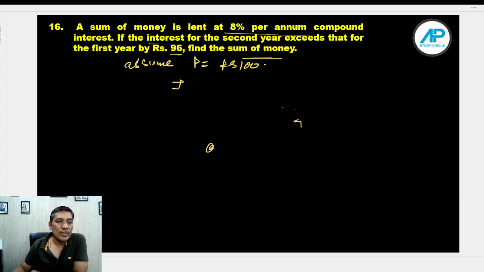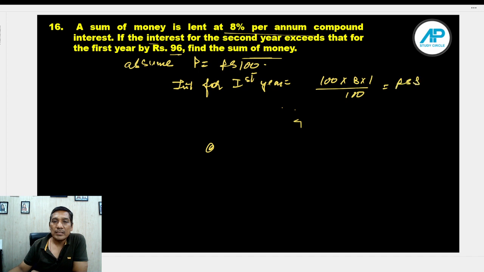So I find the interest for the first year, and that would give you 100 into 8 into 1 by 100, rupees 8. The amount, I know you can write it down properly now. So we find the amount, principal plus interest, which gives you 108.